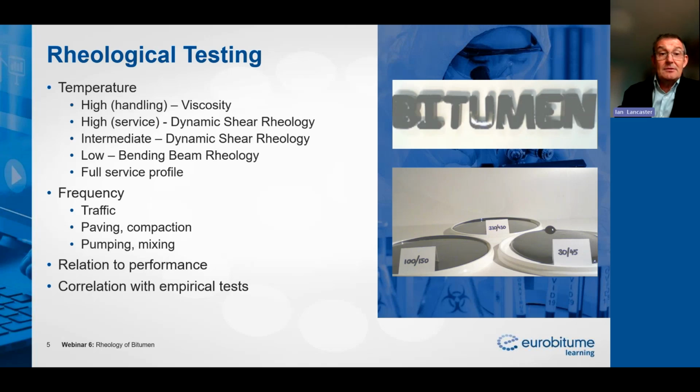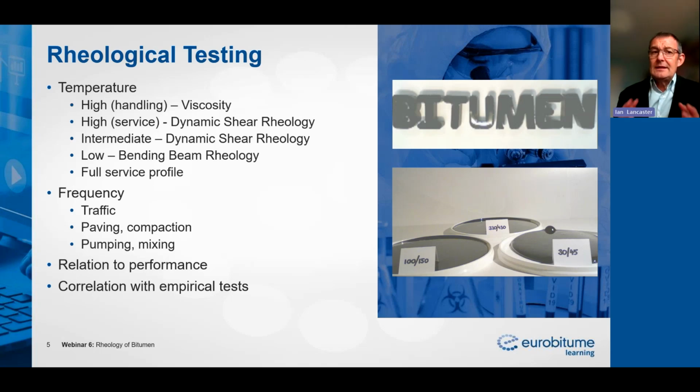At intermediate service temperature, we can also carry out tests in the dynamic shear rheometer, and they will give us the properties that we expect under normal day-to-day conditions. We can also look at low service temperature. Low, I'm really talking about sub-zero temperatures here. And we do that in a piece of equipment called the bending beam rheometer. And again, I'll explain how that works later on.